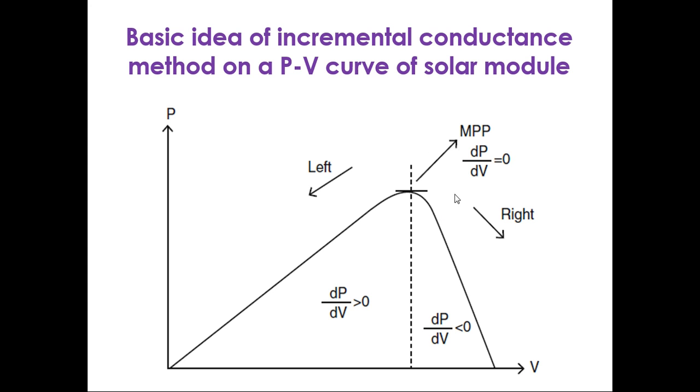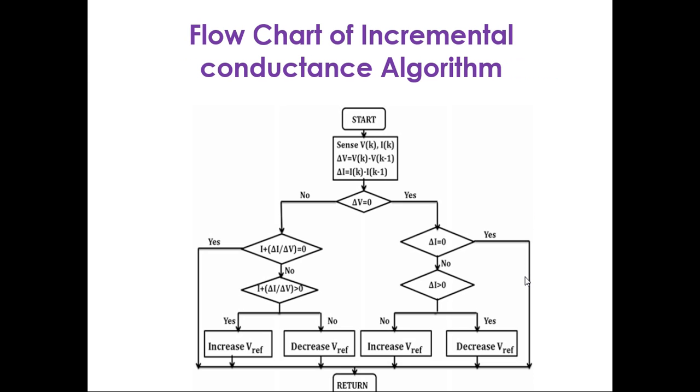If it is equal to 0, then we have reached the MPPT. If it is greater than 0, we are on the left side of the PV curve, not at the MPP point, and if dP by dV is less than 0, it is the right side of the MPP point. So if we go back again, this is the flow chart of the incremental conductance algorithm.